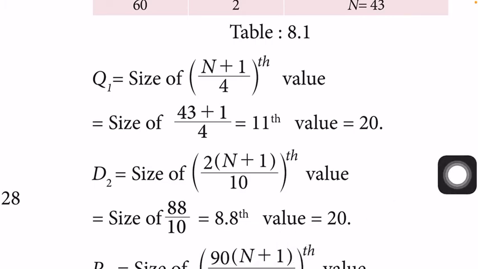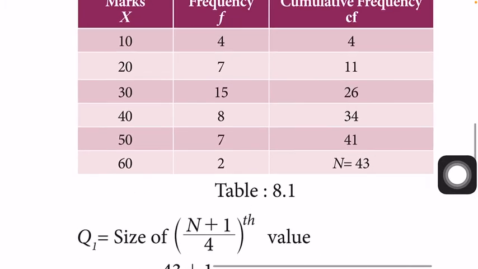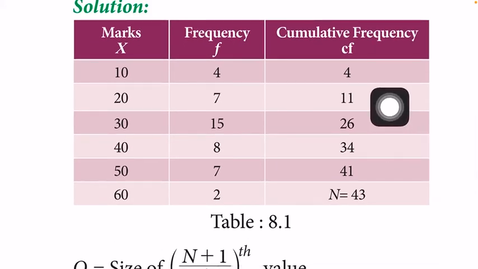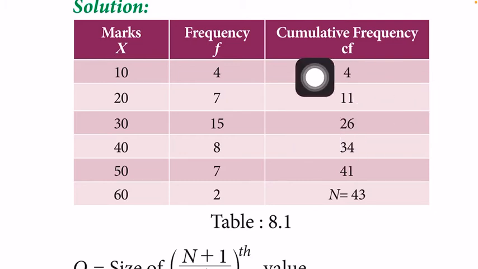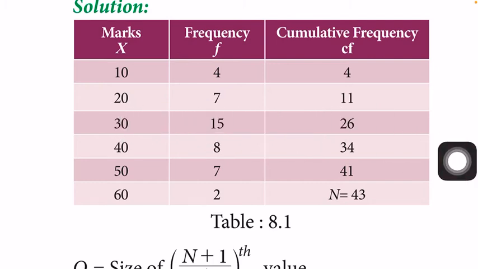We have to check the table again. While checking this column, 8.8 is almost equal to 9, and approximately 9 comes between 4 and 11, but it nearly lies close to 11. Since it is close to 11, again the value is 20.